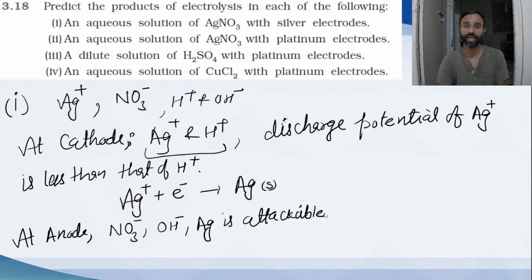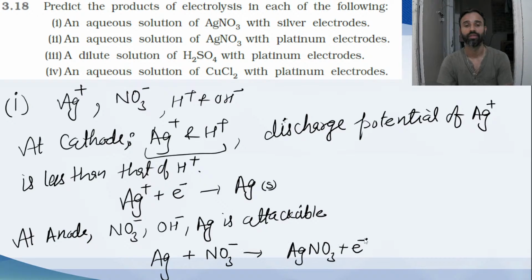So nitrate attacks silver and silver is converted into silver nitrate. That means at anode, silver is dissolved.